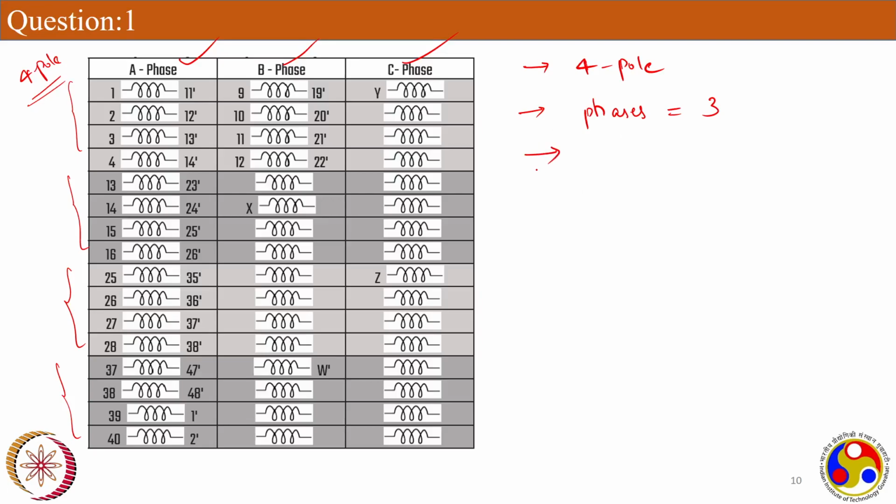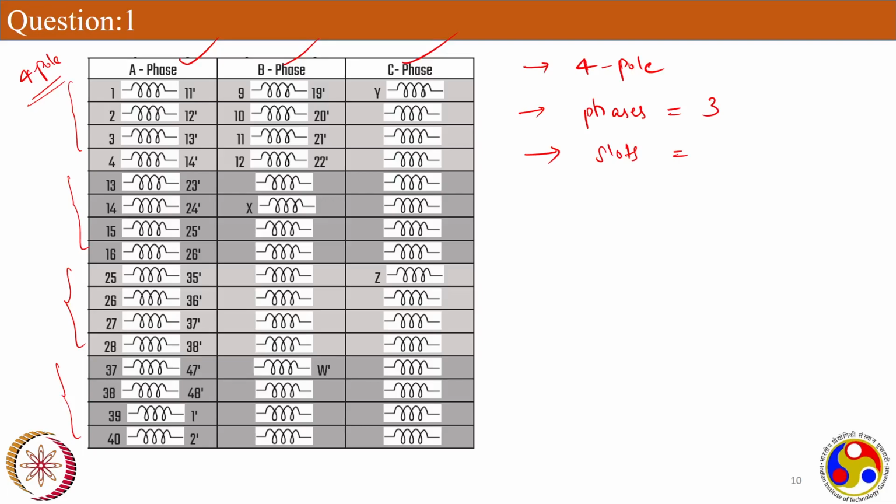Okay, phases is three. Can someone tell me how many slots are there? You have to look at the numbers here, because in the A phase all the numbers are provided for you. Looking at the numbers, can you tell me the total number of slots present in the machine?